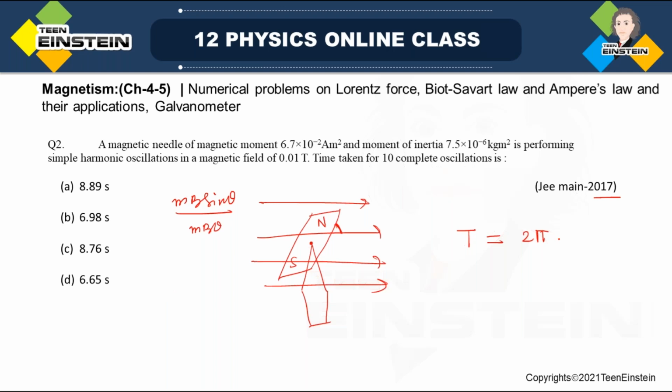This is the formula for the time period of oscillations for that compass needle or magnetic needle, whatever you say.